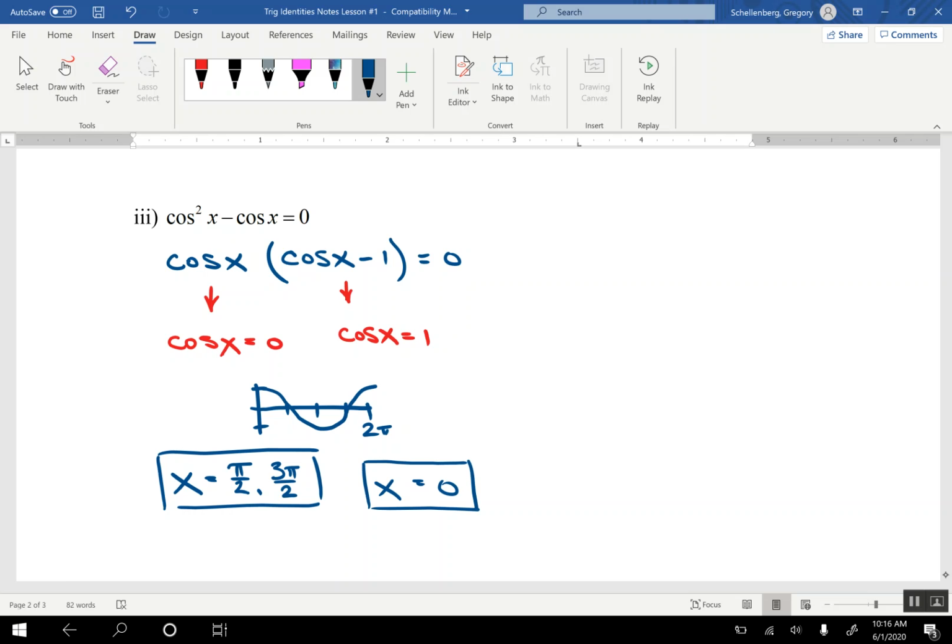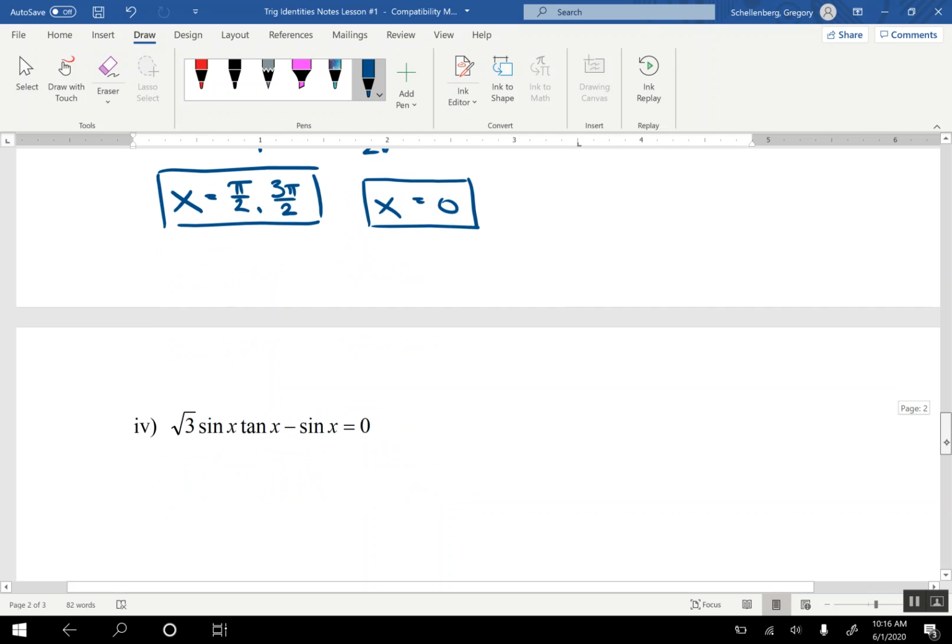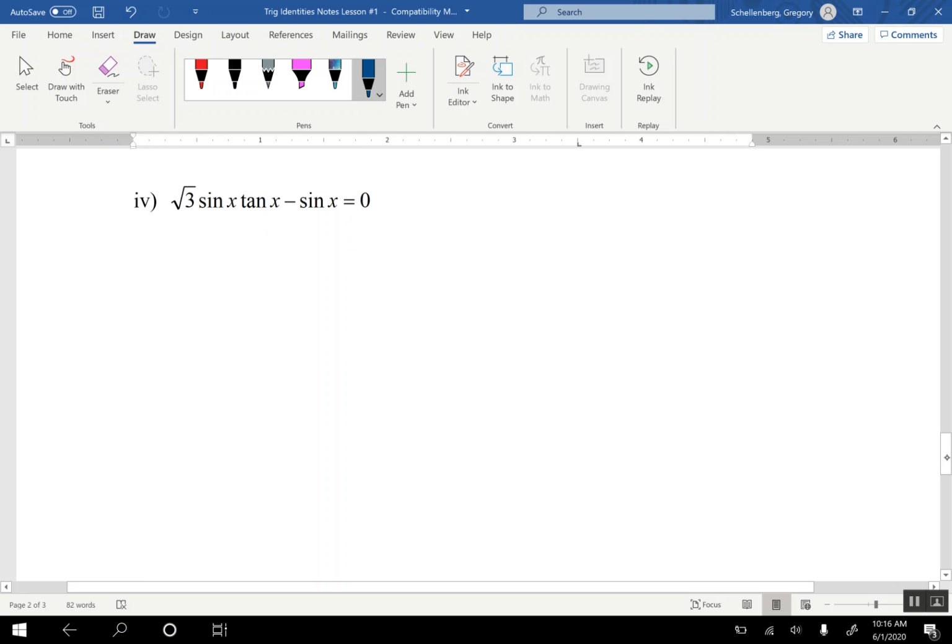Okay, and flip the page to the last page here. So we've got root 3 times the sine of x times the tan of x minus the sine of x is equal to 0. And what I notice is that those two terms both contain a sine of x. So let's factor that out as a GCF.